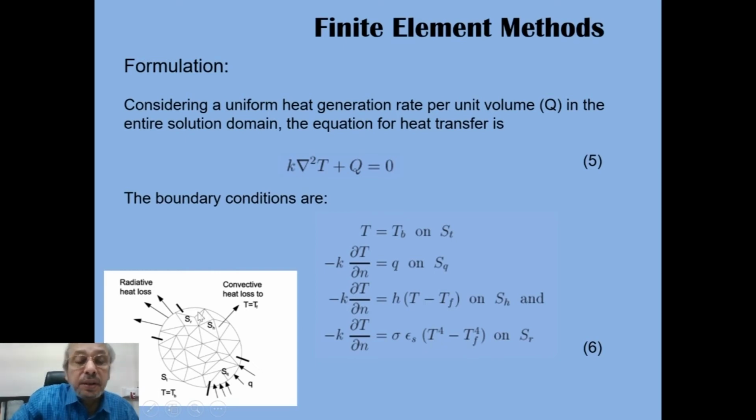That means the temperature at the edge to the power 4 minus the local ambient temperature to the power 4. That is how the radiative heat transfer is calculated. So we have tried to prescribe all possible forms of boundary conditions on different segments of the enclosure, different segments of the boundary.